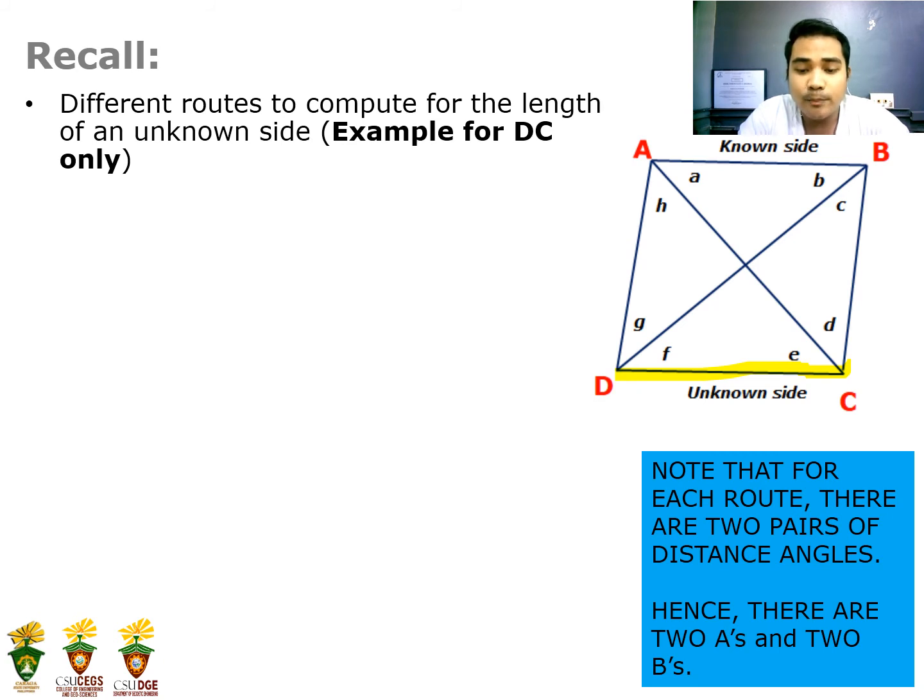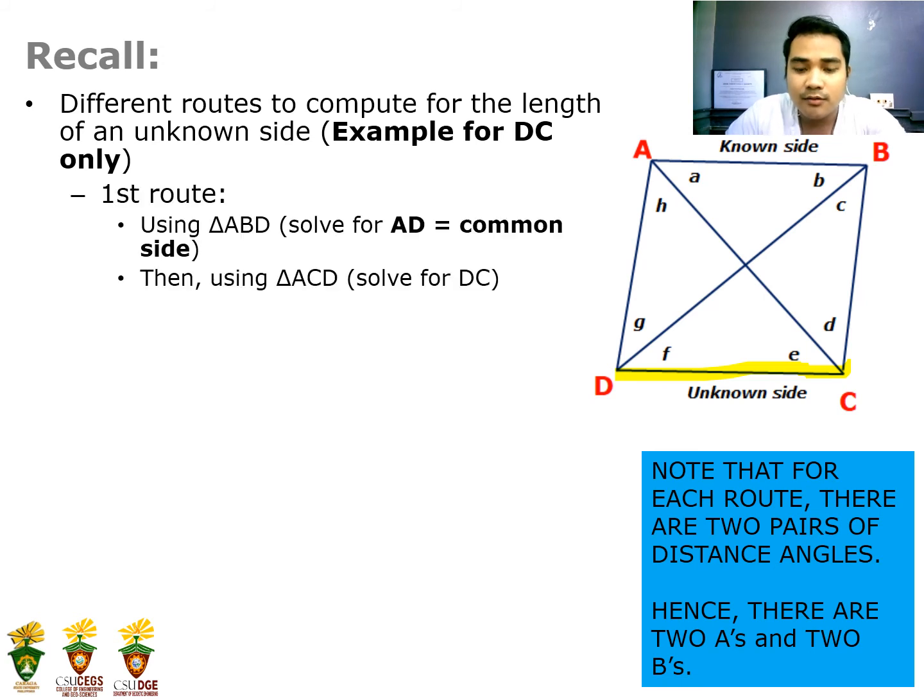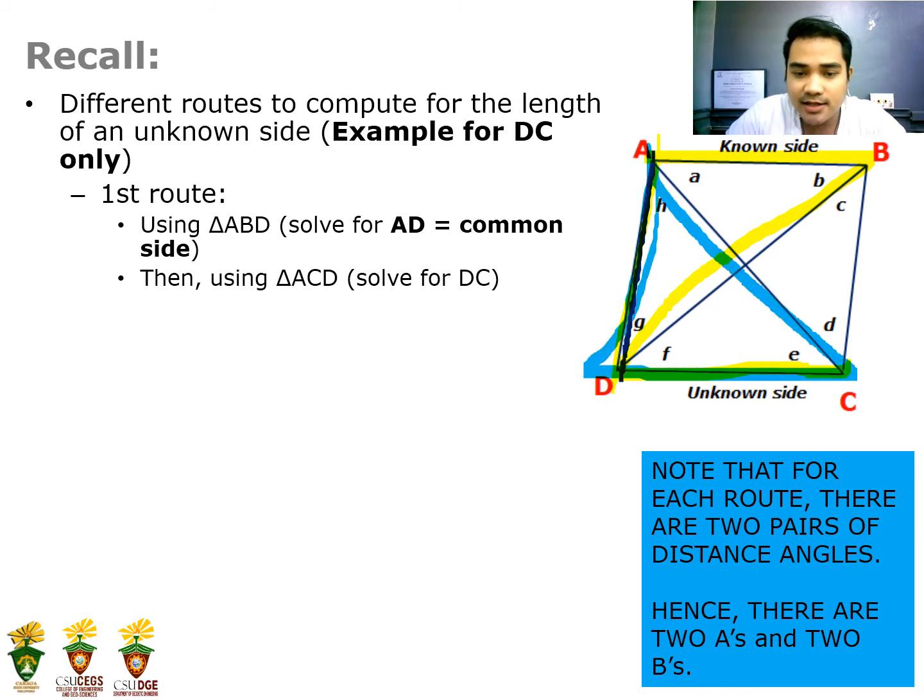Hence, there are two A's and two B's. For example, we use the first route: triangle ABD, with AD as the common side. Then we use the second triangle, which is ACD.